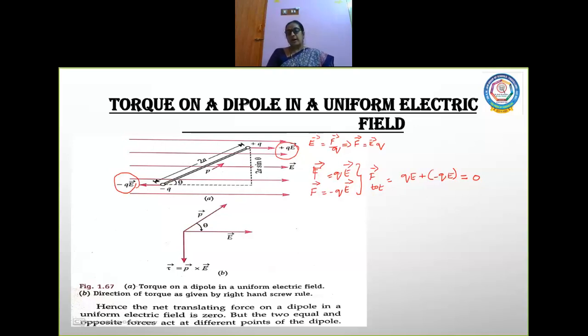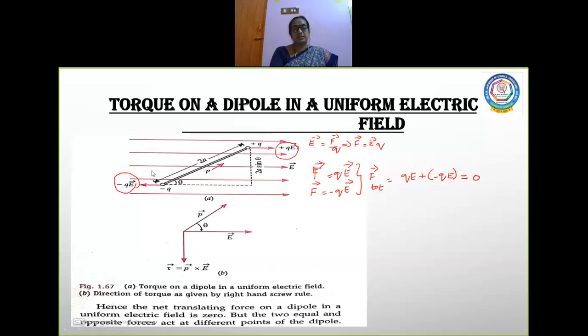So the force is 0, but these forces act at different points on a dipole. Now listen. Here is a point where this force is acting, plus qE is acting at this point, and minus q, you have a force acting at this point.